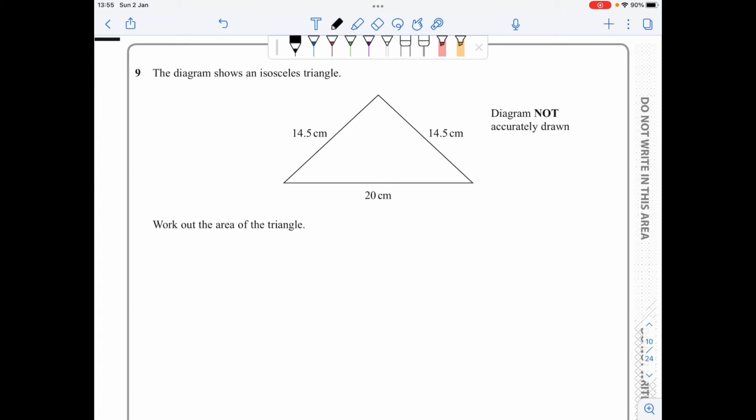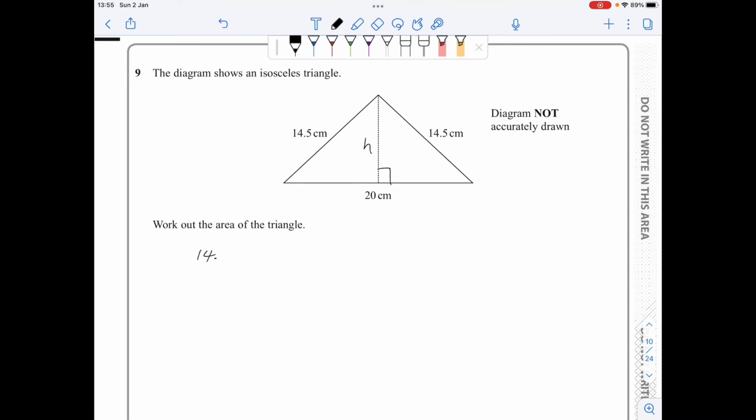I'll start question 9 by drawing a vertical height from the top vertex to the base. Now this is 90 degrees. That's one of the properties of an isosceles triangle. Now to find h, I'll use Pythagoras theorem.